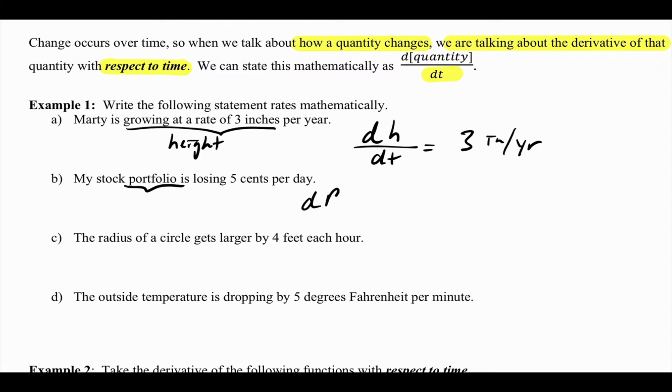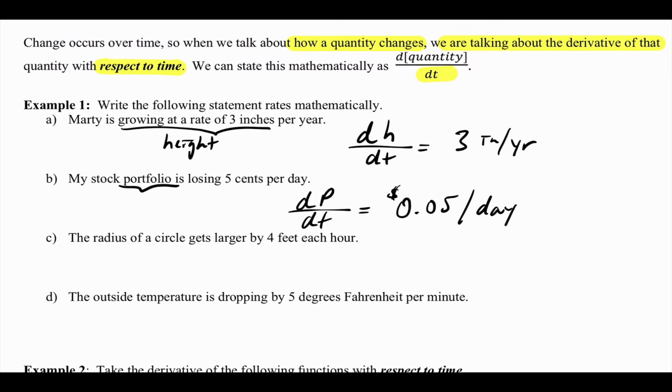So you could say dp/dt: your portfolio over time is losing 5 cents per day. So if I wrote it like this, is that right? Why not? It's 5 cents per day. Okay, there you go. We have to put a negative there.